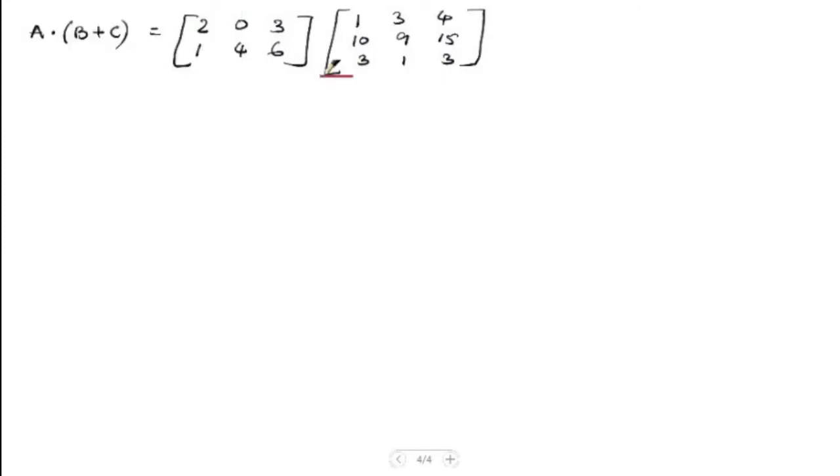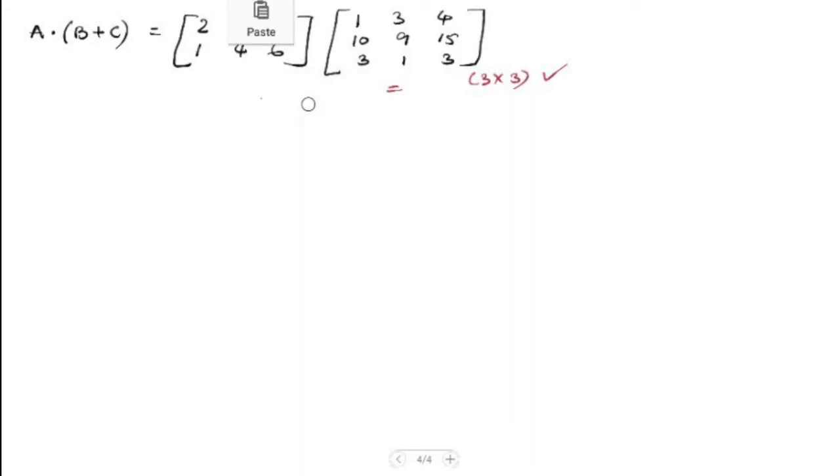So we write the sizes of these two matrices here. This one here is 2 rows times 3 columns, and here we have 3 rows times 3 columns. And as you can see, these two numbers here are equal, so this matrix multiplication is possible.